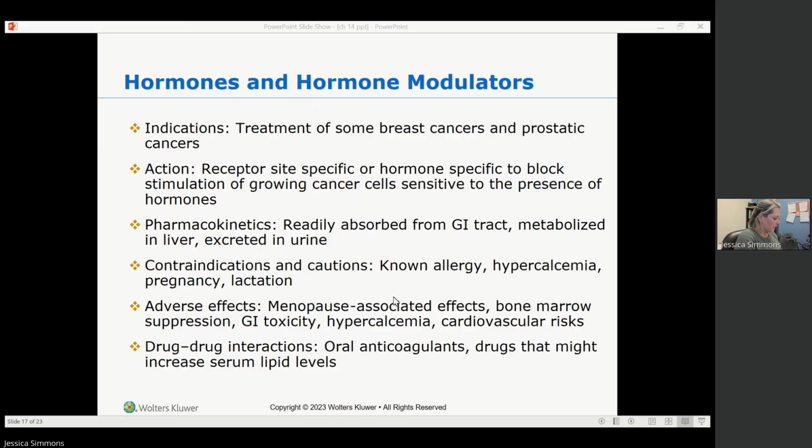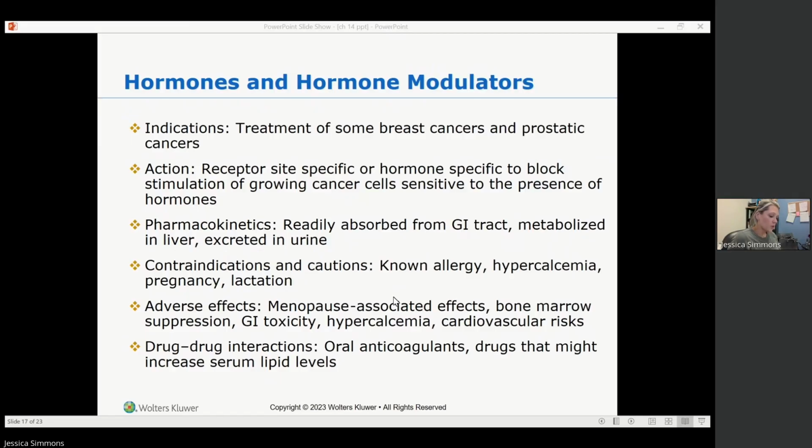Tamoxifen can increase the anticoagulation with warfarin. Some of them have cardiac toxicity, tachycardia, heart failure, hypersensitivity reactions, vaginal bleeding, hot flashes. Monitor bleeding and CBC.